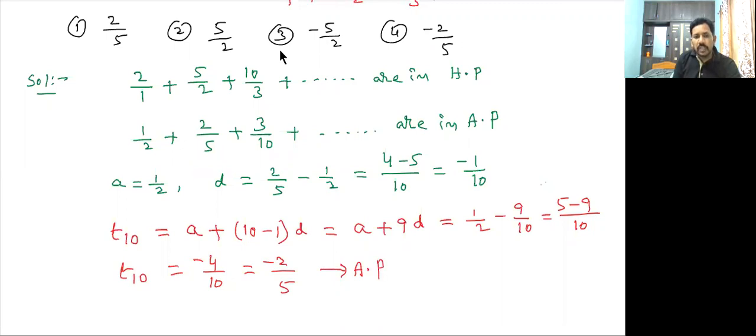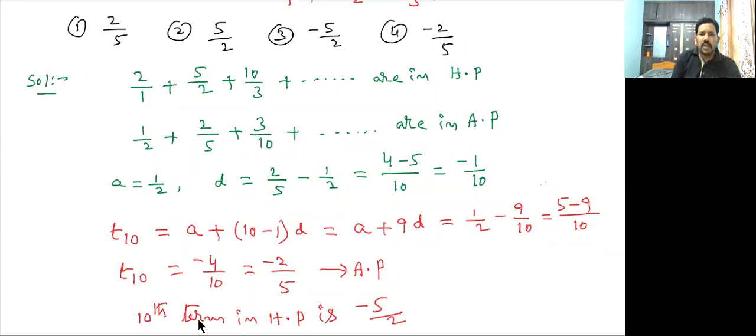But in the question they are asking the 10th term in the HP series. The 10th term in AP we know is minus 2 by 5. But in HP, write the reciprocal.